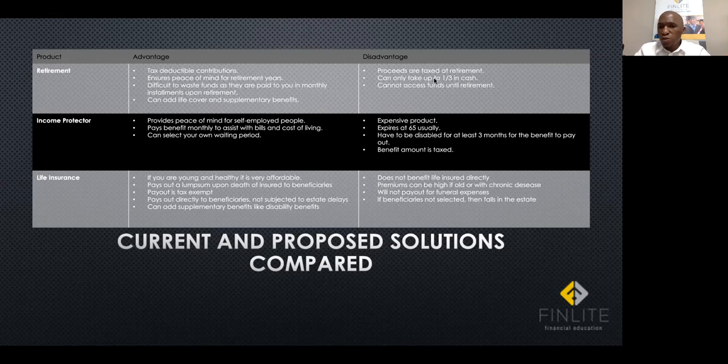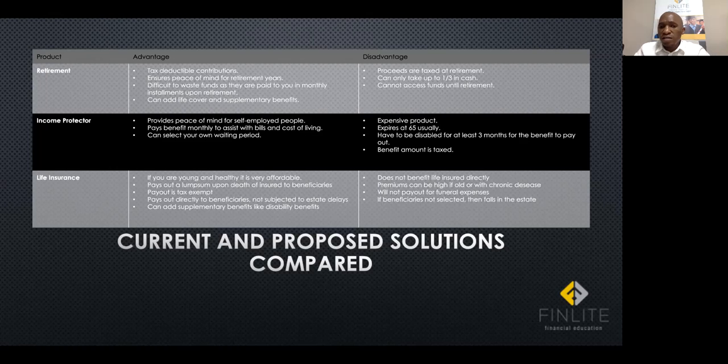As you get your dividends or income from whatever you invested in, you get taxed as well, which is called dividend income tax. So when the money grows within the retirement annuity, it gets compounded because it's not touched by tax, neither by you as well. So that's the significant benefit there.